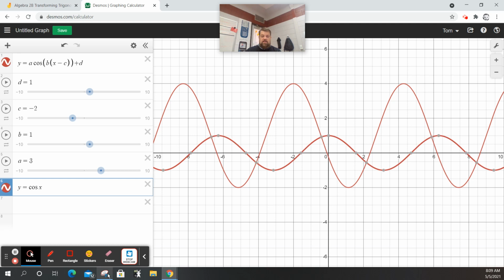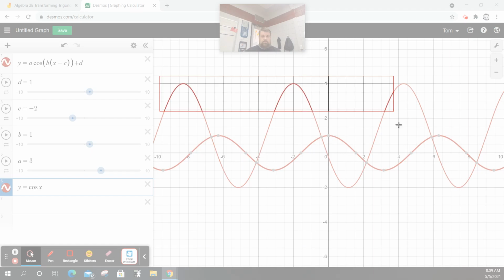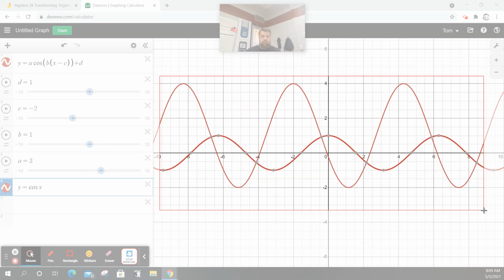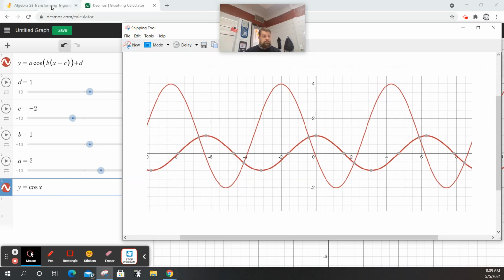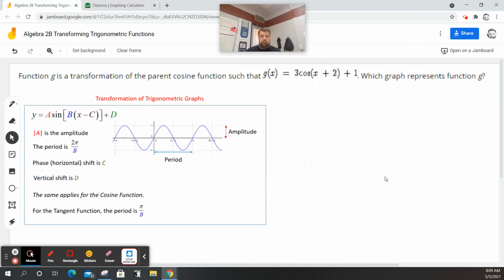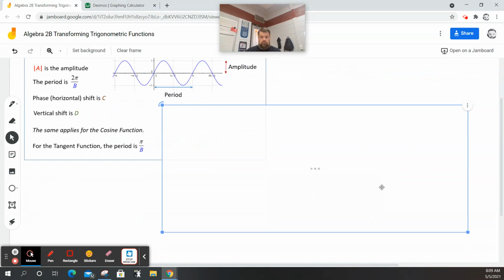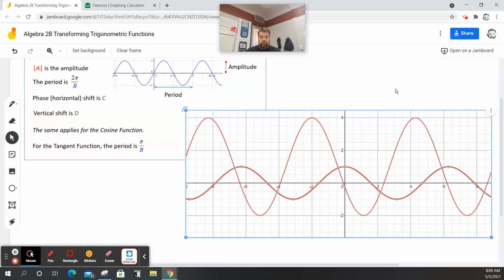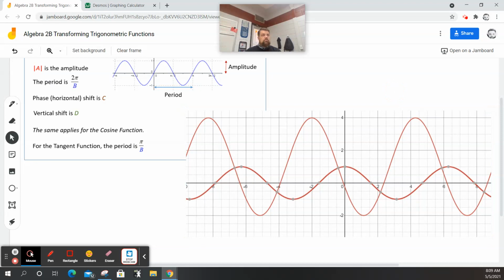I'm just going to take a screenshot of that real quick and we'll put it in there. And that's it. So when you go to look at the graph, you're going to look for one that looks similar to that.